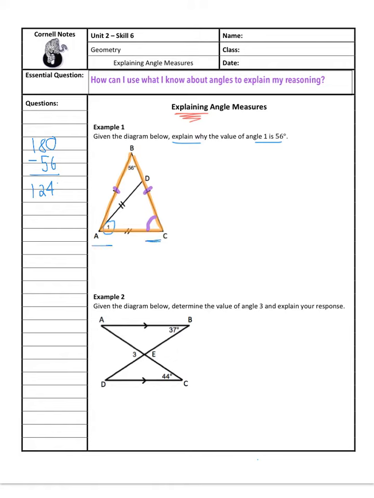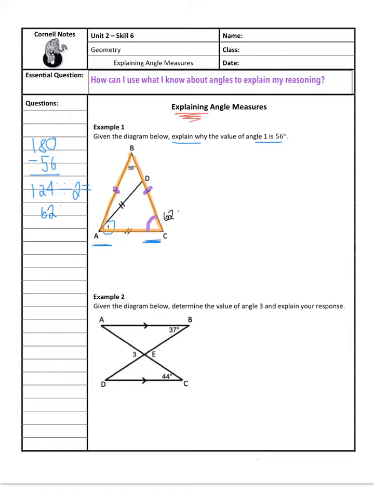It means that this angle on the left and this angle on the right together have to give me 124. So the next thing I'm going to have to do is take 124, divide it by 2, and when I do that, I'm going to get 62 degrees. So that's going to make this angle down here 62 degrees.